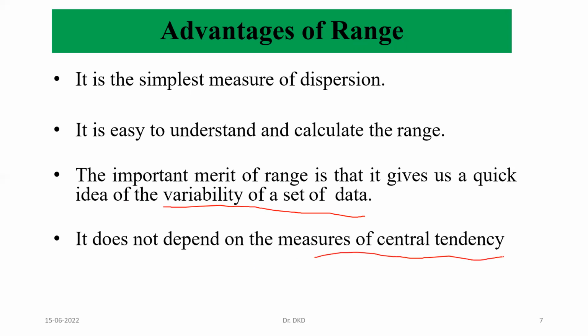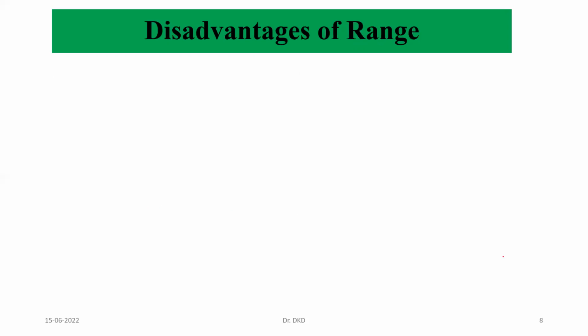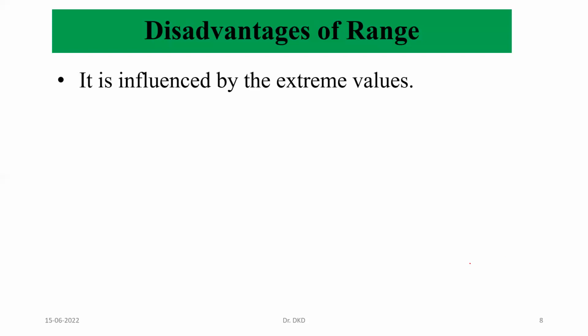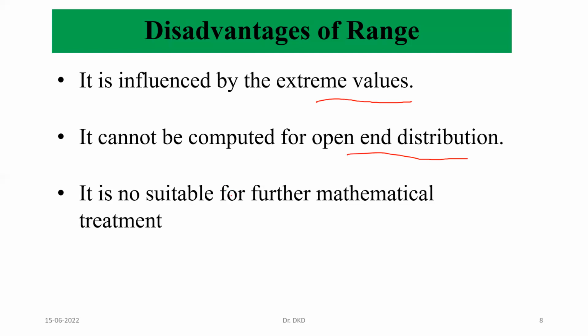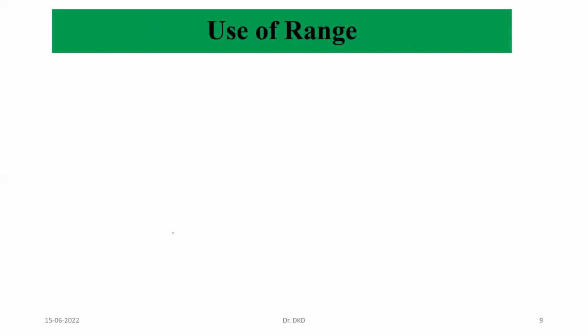These are the advantages of the range. There are a few disadvantages: it is influenced by extreme values, it cannot be computed for open-end distributions, as we know class intervals can be inclusive, exclusive and open-end, and it is not suitable for further mathematical treatment. So it is just for quick information.